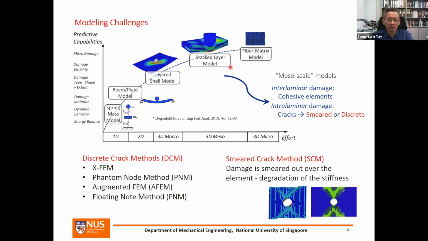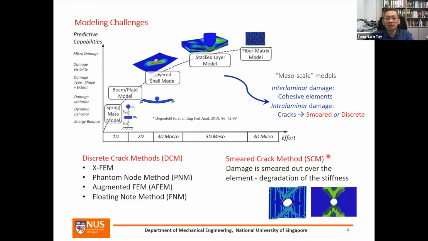And depending on what you intend to interrogate, you will apply the appropriate models at the appropriate scale. Now, at the mesoscale, you have various options.